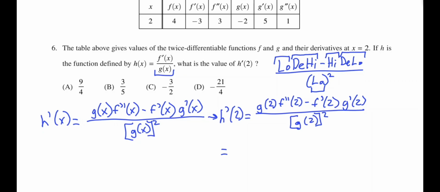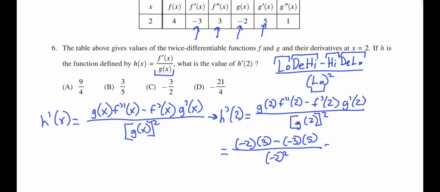All right, so by looking at the table, g of 2 would be negative 2. And then f double prime at 2 would be 3, so times 3. Then minus, f prime at 2 is given to be negative 3, so the quantity of negative 3, and then times g prime at 2, which is given to be 5. Over at the very bottom, we have g of 2, which is given to be negative 2, and let's square that entire quantity.